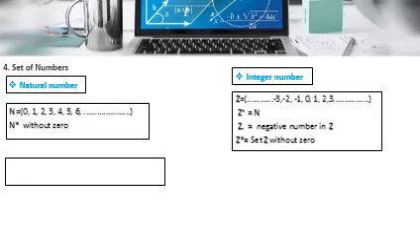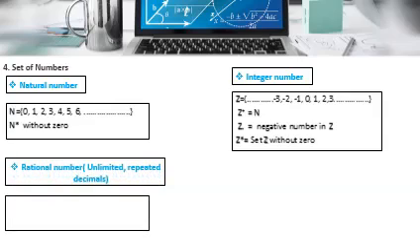The third set is the rational numbers, or the unlimited or repeated decimals. So for example, if you have a decimal number that never ends, for example pi, which is 3.14, 15 and so on, it doesn't end. So pi is a rational number because the decimal part in it never ends.